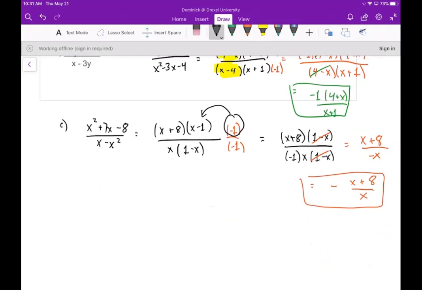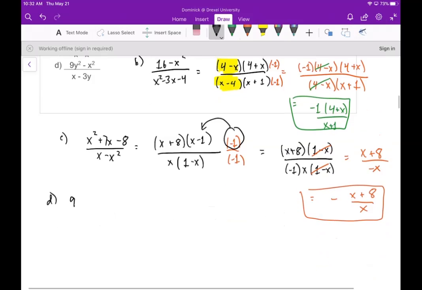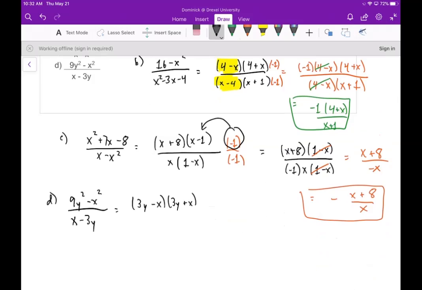Okay, part D, we have a 9y squared minus x squared over an x minus 3y. So the top is a difference of two squares again. We got 3y minus x and a 3y plus x. And then over an x minus 3y.